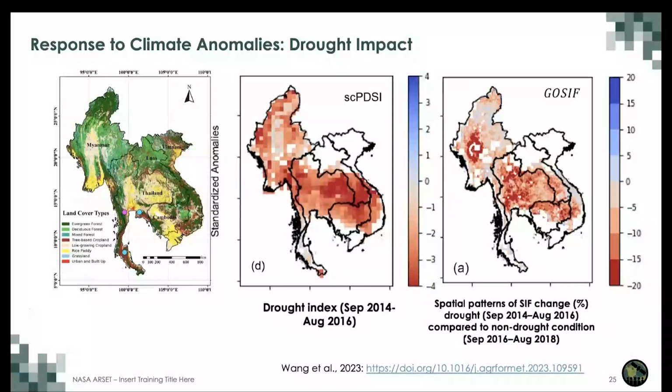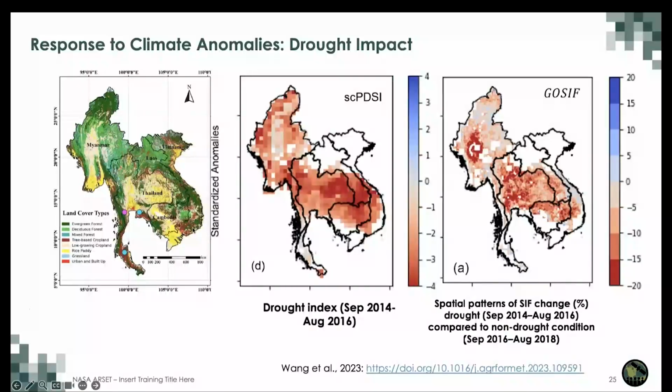The second example I want to show is how we can use SIF and GPP products derived from OCO-2 and OCO-3 to understand the drought impact. This study looked at the drought impact on photosynthesis over Southeast Asia. The left panel shows the land cover types over this region.